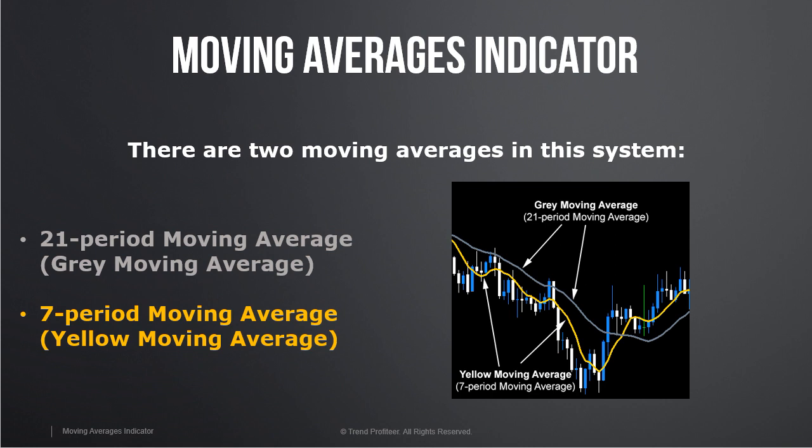So here you can see on this little graphic the gray moving average and the yellow moving average. The yellow moving average being a 7MA or MA7 is faster because it's a representation of just the last 7 bars, whereas the gray moving average is a 21 period. It represents the average price over the last 21 bars.